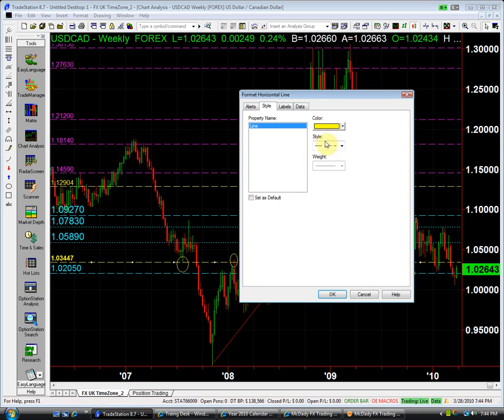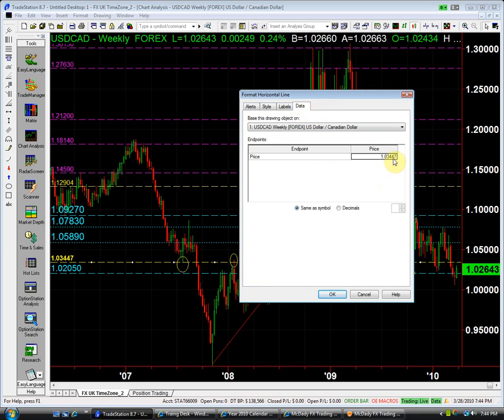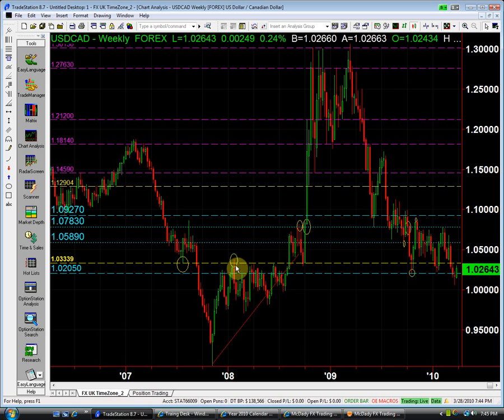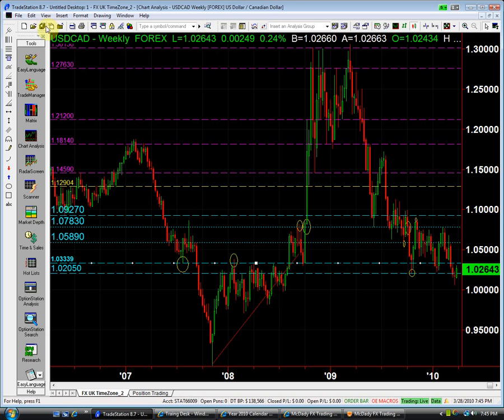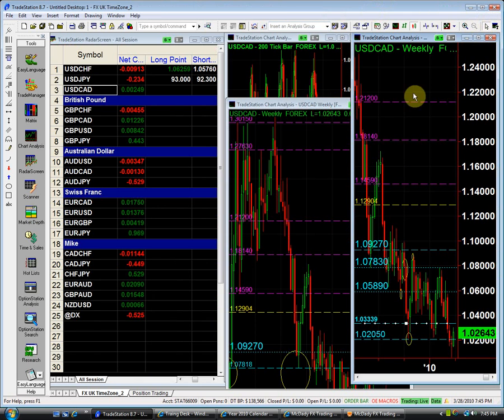So it's 103.39. Okay, so the structural point to the upside is the 103.39. All right, so that, as I said, that's a gimme trade. It's an easy trade.